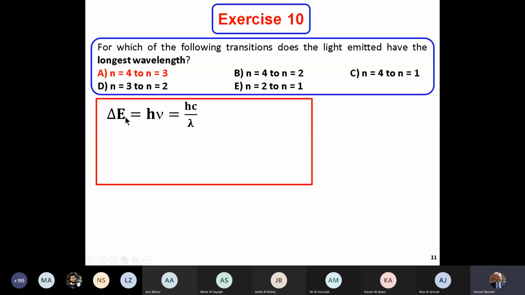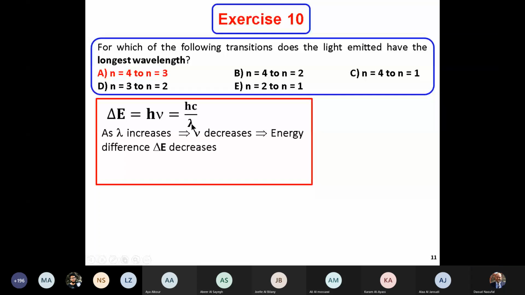As lambda increases, hc over lambda decreases, so delta E decreases. Or when the frequency, for example, decreases, delta E decreases. So as lambda increases, nu decreases since nu equals c over lambda. The energy difference delta E decreases.